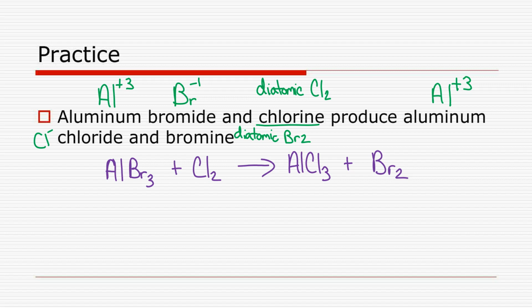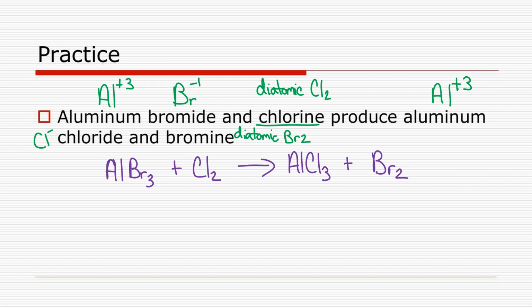So aluminum bromide becomes AlBr3 because aluminum's a +3 charge, bromine's a -1 charge. And so when I react those as a compound, I need 3 bromines to offset 1 aluminum. Chlorine, when it's by itself, is diatomic. It's part of Brinkelhoff. So I'm going to write chlorine as Cl2.